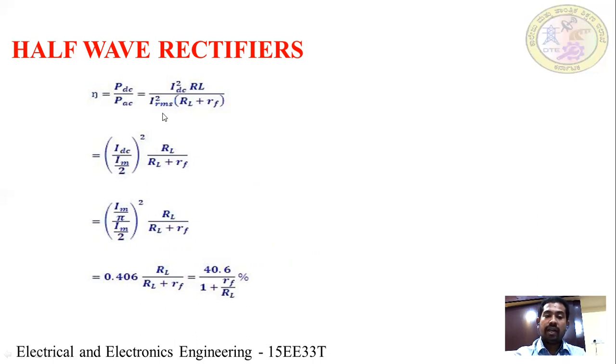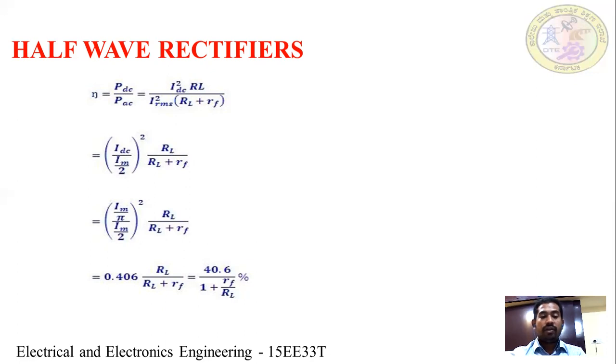Substituting the values, IDC is Im by pi and IRMS is Im by 2, so the efficiency is Im by pi whole square divided by Im by 2 whole square, into RL divided by RL plus RF.